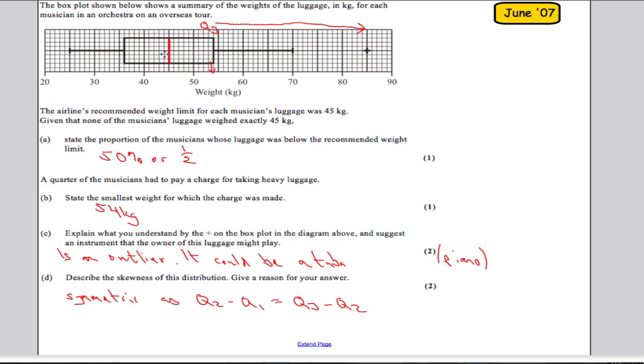We can see that the distance between the median and the first quartile is the same as the distance between the upper quartile and the median. So that means it's symmetric.